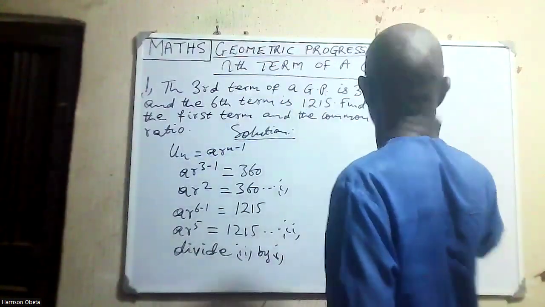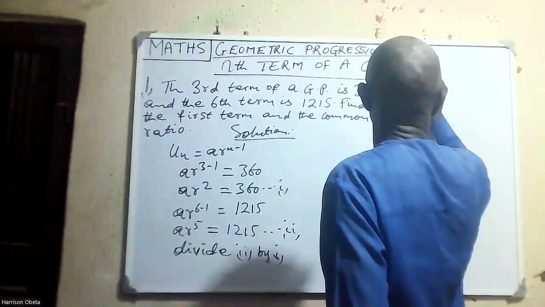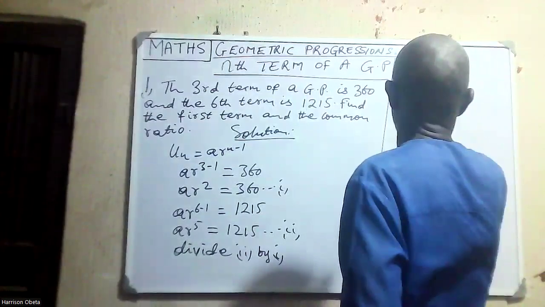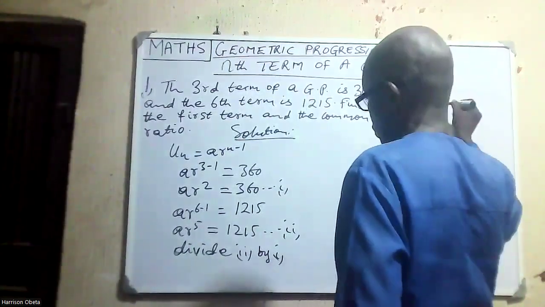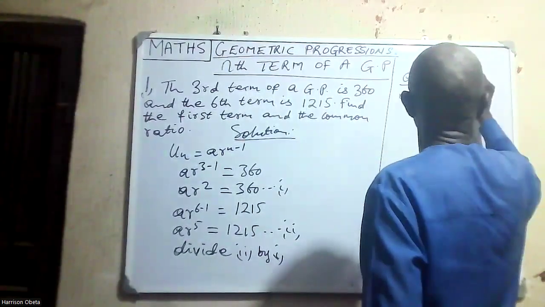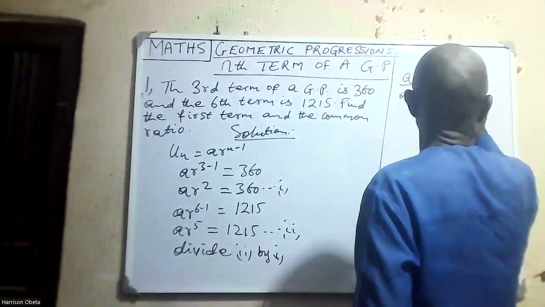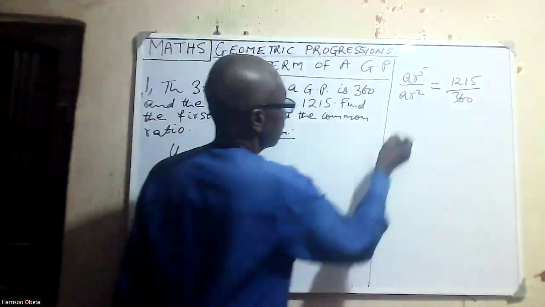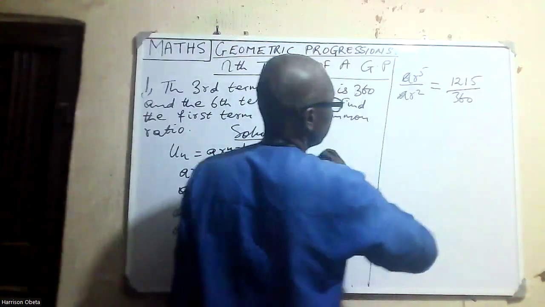Then coming over here, we have ar raised to power 5 all over ar raised to power 2 is equal to 1215 all over 360. If you carry out the division, a will disappear.